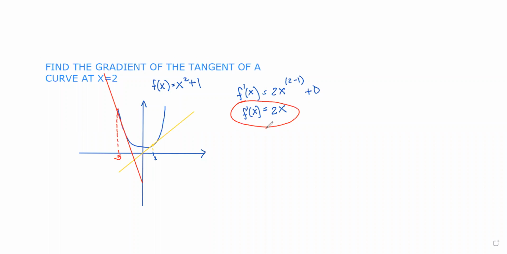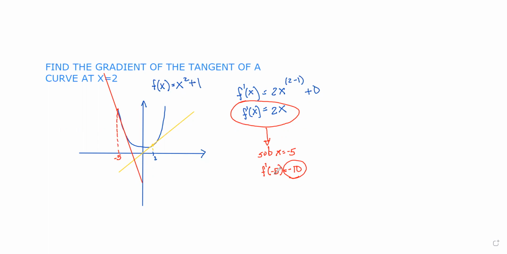If I sub x equals -5 into this function, then f prime of -5 equals 2 times -5, which is -10. This would be the slope for this tangent.